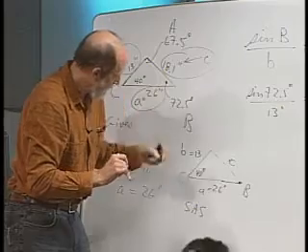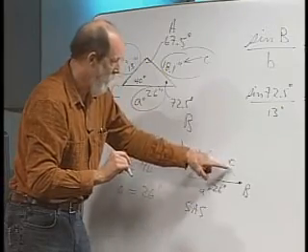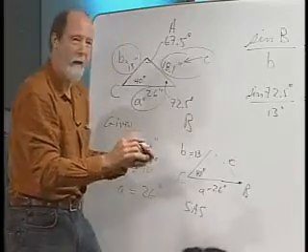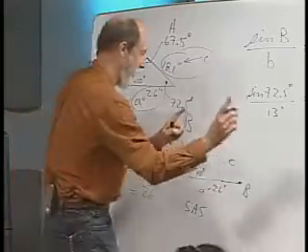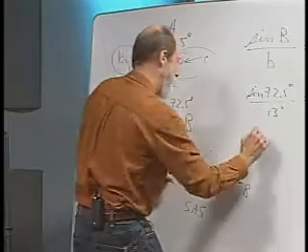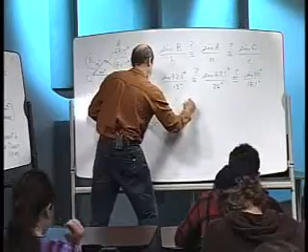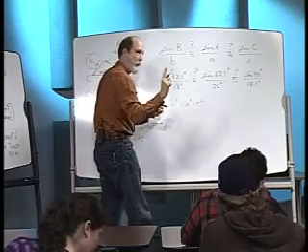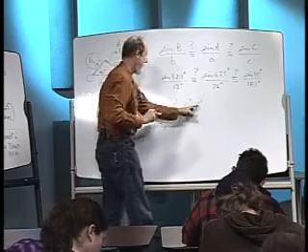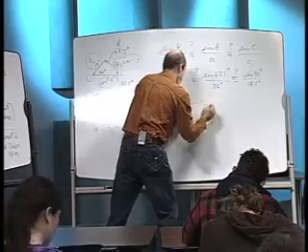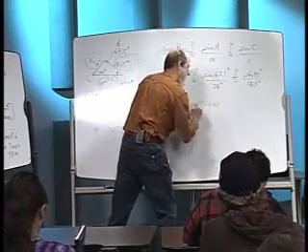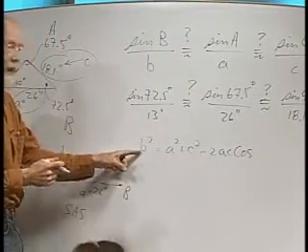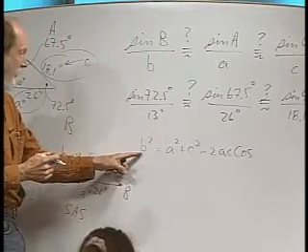Minus 2 both legs, cosine 40. If I wrote the law of cosines this way, b squared equals a squared plus c squared, then remember what you have to do. You have to subtract off twice the product of these sides times the cosine of this angle opposite this side.